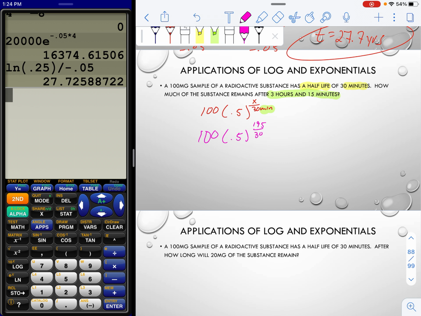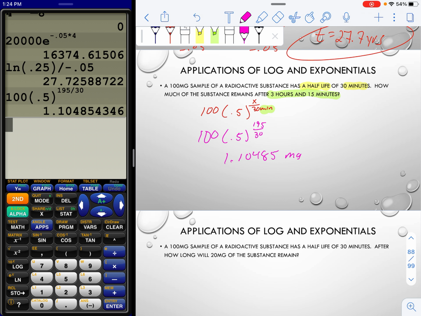All right, so we just plug and chug here. Which means 1.10485 milligrams remains of your radioactive substance.